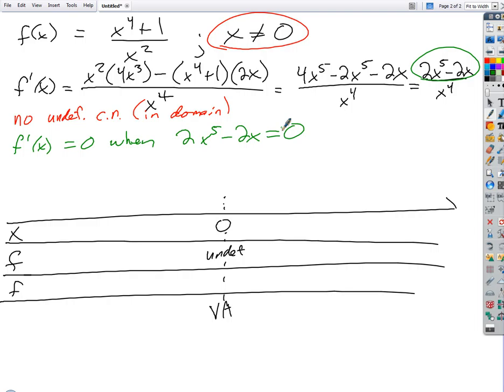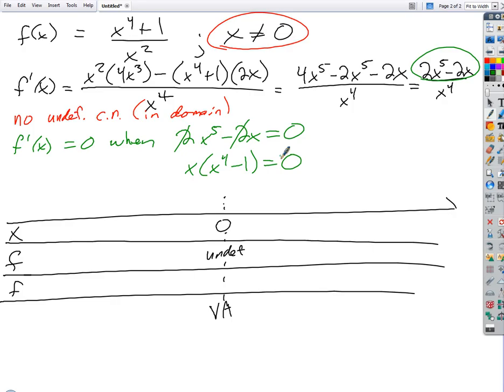How do we deal with that equation? Okay, we could divide both sides by 2, factor out an x, leaving us with x to the 4th minus 1. And so what are our solutions? 0, which we don't care about, but the other ones we do are 1 and negative 1, right?